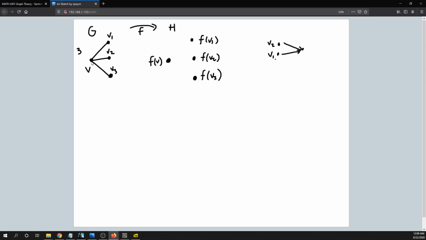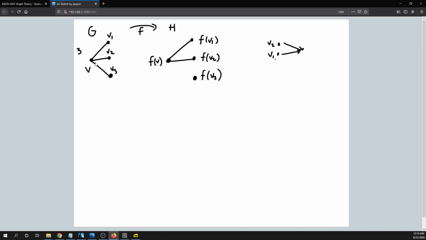So because V and V1 were adjacent in G, that means that F of V and F of V1 are adjacent over in H. Since V and V2 were adjacent in G, they have to be adjacent over in H, because of the isomorphism, that adjacency preserving property.